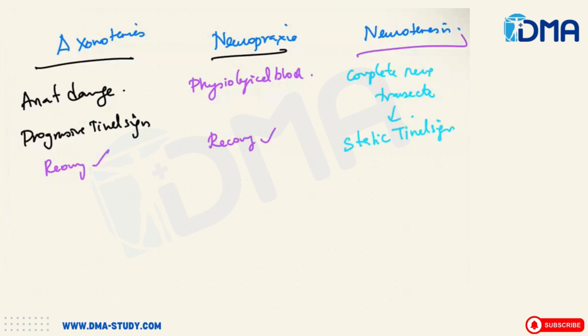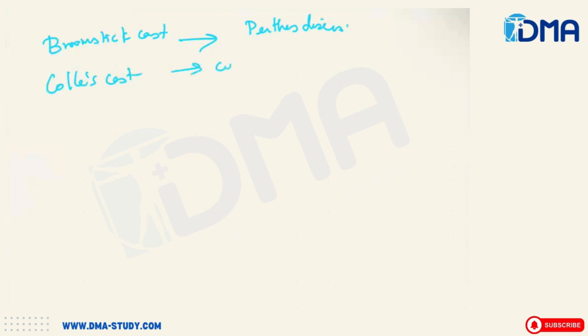Then coming to a few casts that we use. Broomstick cast is used for Perthes disease. Police cast, of course, as the name suggests, is used for the police fracture.